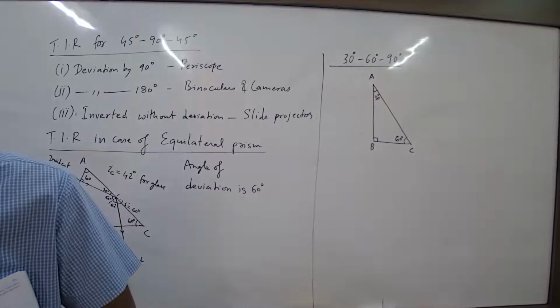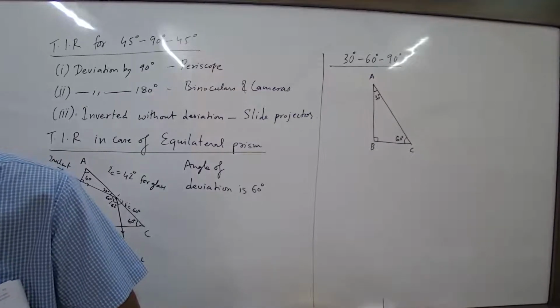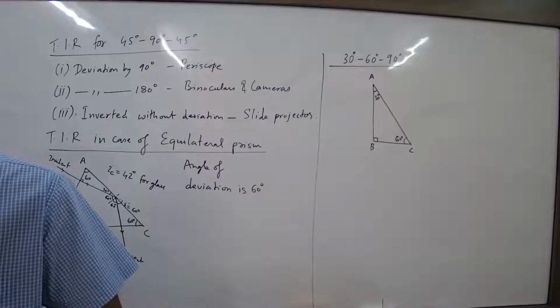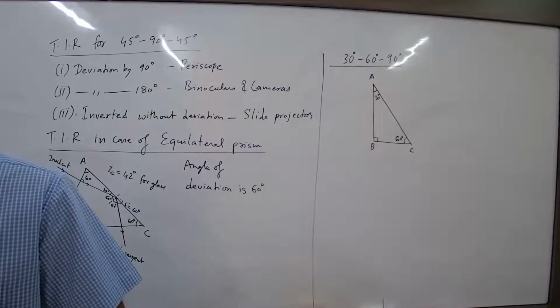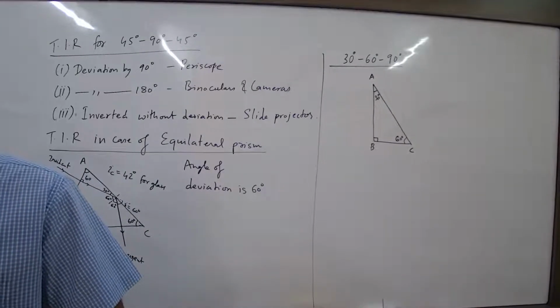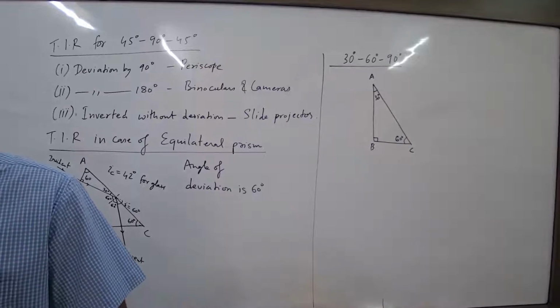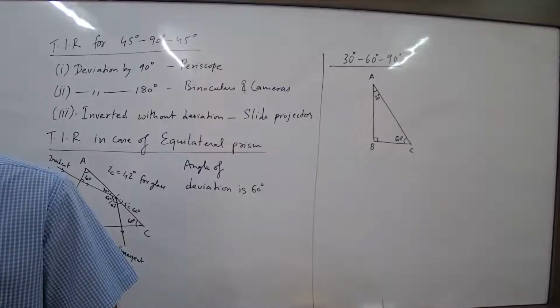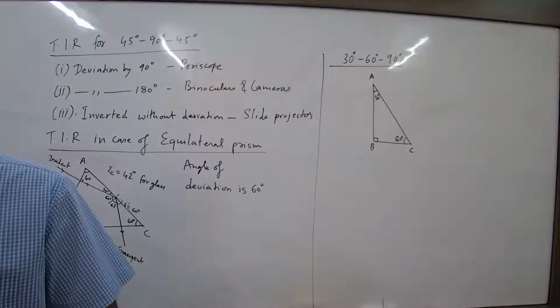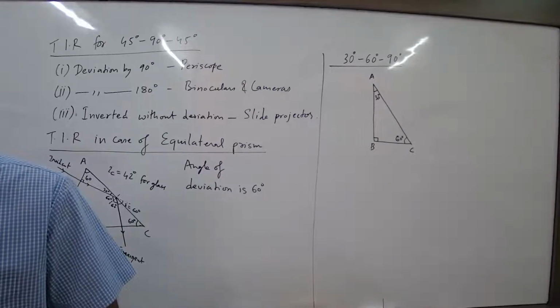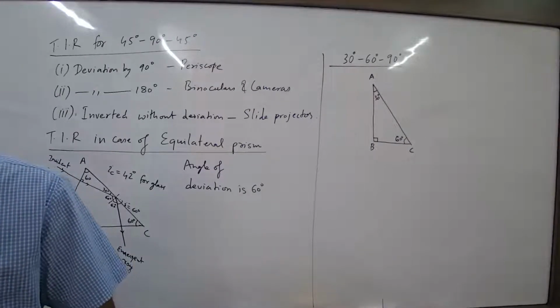Deviation by 90 degree, deviation by 180 degree. So it is along the normal only. Only in the third case, the inverted case, it is not normal. Everywhere else, the incident ray is normal, right? You see that? Okay.